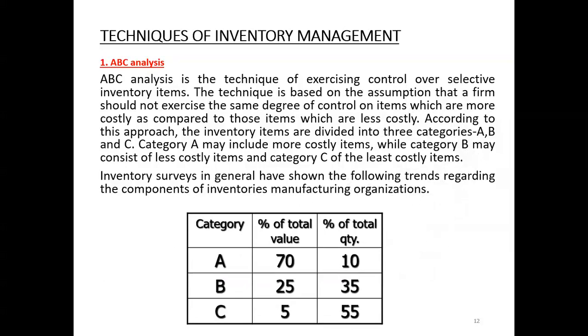In manufacturing concerns, it is observed that sometimes a small percentage of the quantity of items comprises high value, and other times a large quantity of material comprises less value.